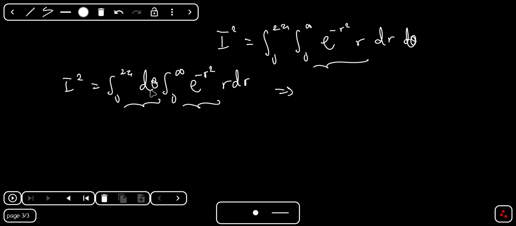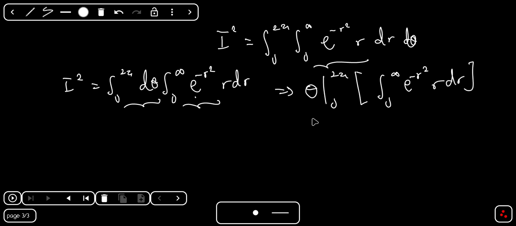So if we integrate d theta, we're going to have theta from 0 to 2 pi. Then if we input the limits, that'll be 2 pi minus 0, so we're going to have 2 pi.